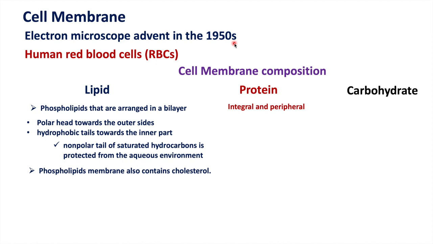Integral protein is very difficult to extract and peripheral protein is very easy to extract. Integral protein is embedded in the phospholipid bilayer, while peripheral protein is present on the surface inside the cell membrane. If we talk about the composition, different cells are made up of different compositions of lipid and protein.